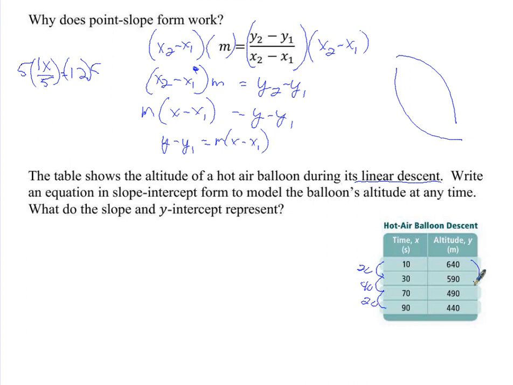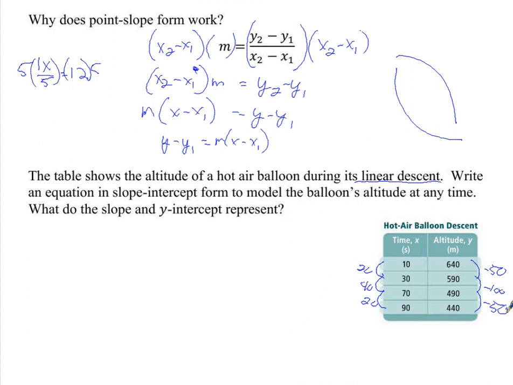And how much are we changing from here to here? It's not 50. It's negative 50. Remember, we're descending, so we need to be decreasing our altitude each time. How much do I change from here to here? 590 to 490. Negative 100.